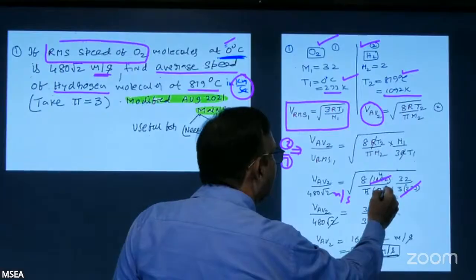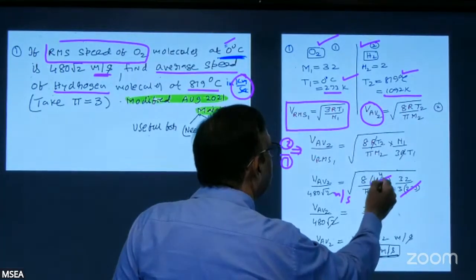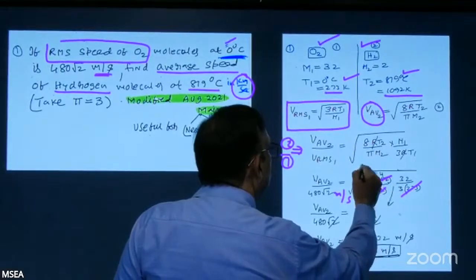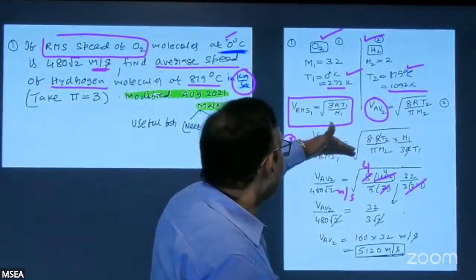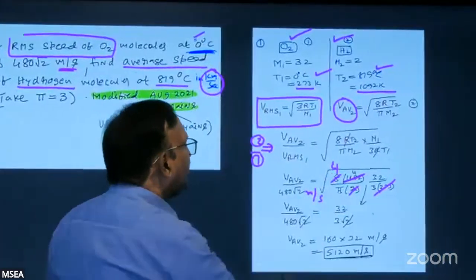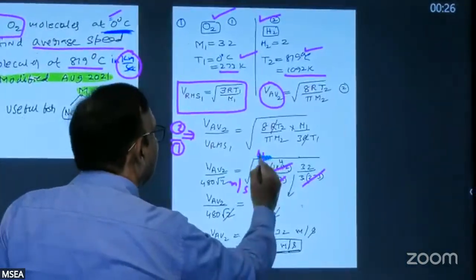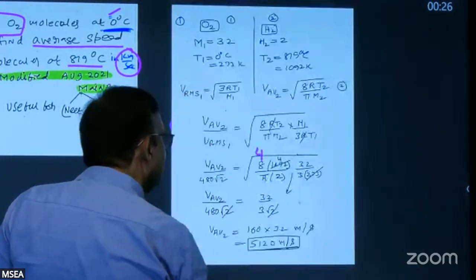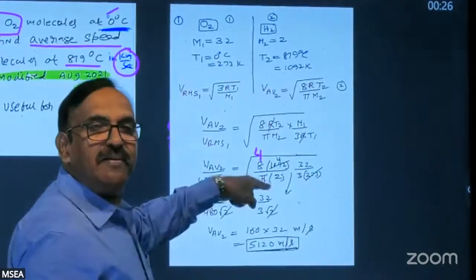So we can see that this 2 into 8 comes out to be 4 there. You just do the necessary simplifications of these things. Let me explain it the way it is being written.